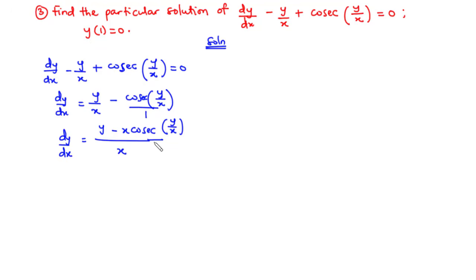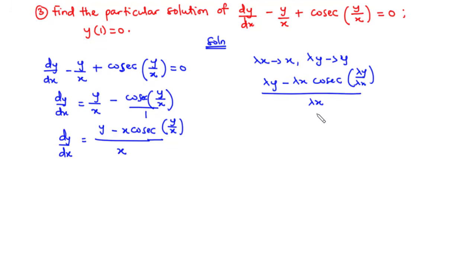Now we need to check if this differential equation is homogeneous. So what we are going to do is we are going to substitute lambda x in place of x and then lambda y in place of y for the two functions, both the top function and the bottom function. So for the top we have lambda y minus lambda x times cosec of lambda y over lambda x, all divided by lambda x.